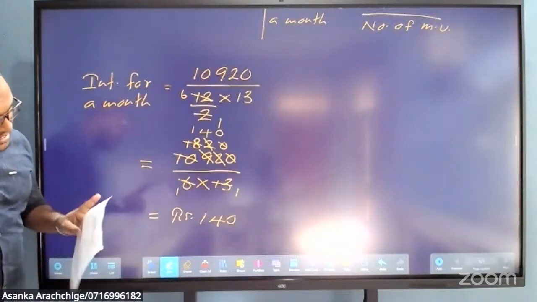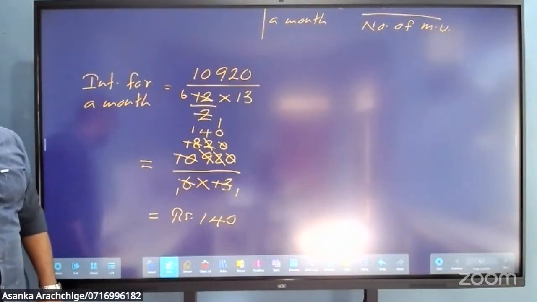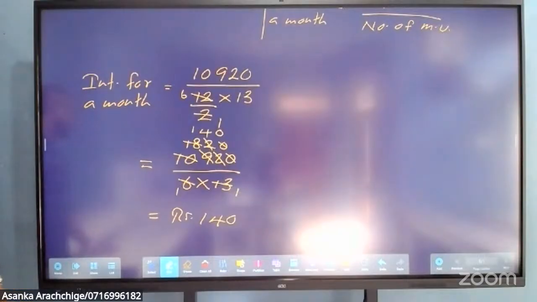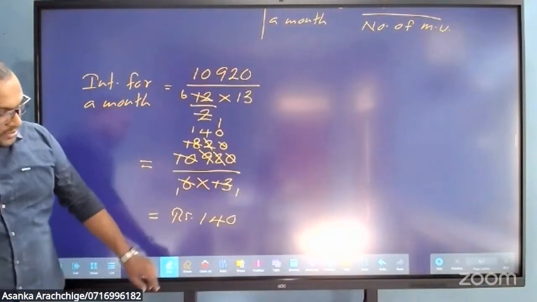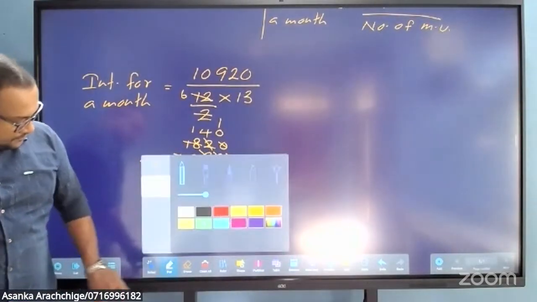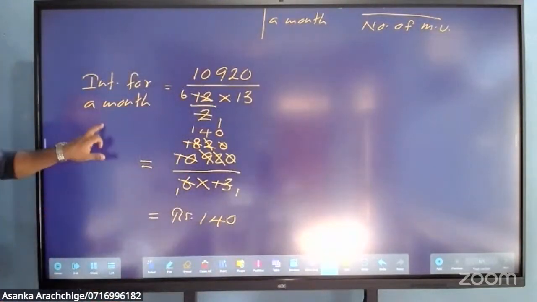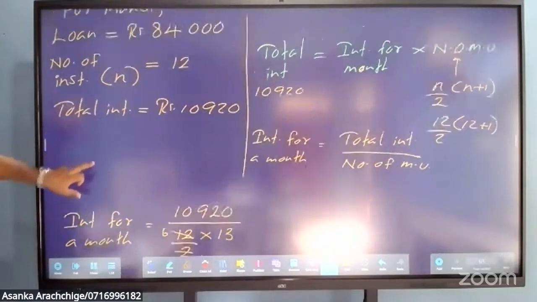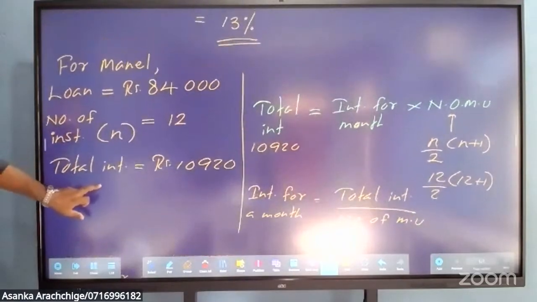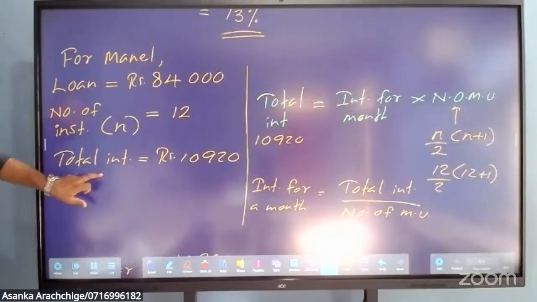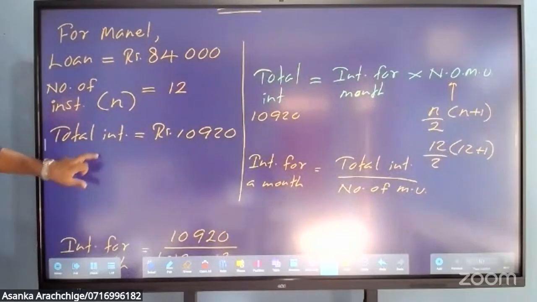This is the interest for a month. Now look carefully at the model. We came here in this way. We substituted the values we got in the formula.